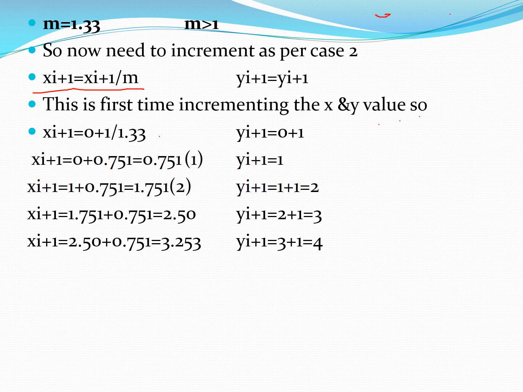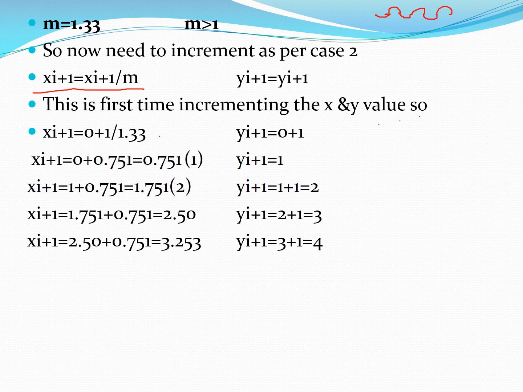Now this pixel value acts as the previous to the next pixel, so it increments one by one. It will continue until we reach the final pixel value. For this reason it is called an incremental algorithm. I hope this is clear why we call DDA an incremental algorithm.